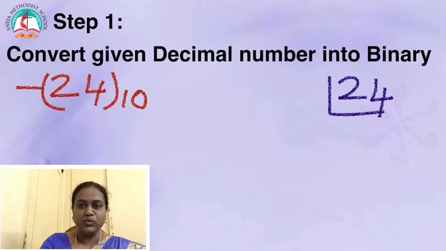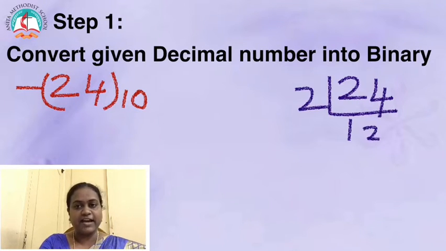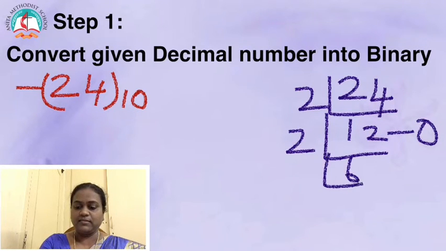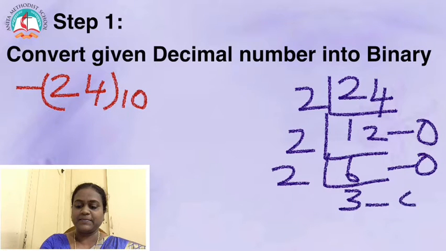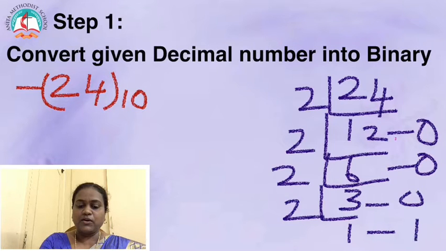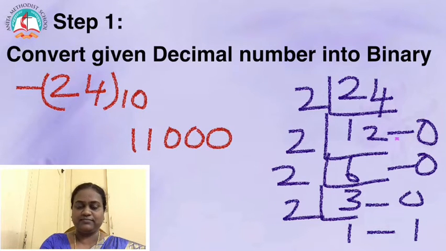So I will do LCM and find the corresponding binary value. So for the number 24, my binary value is 11000. So that is my first step.